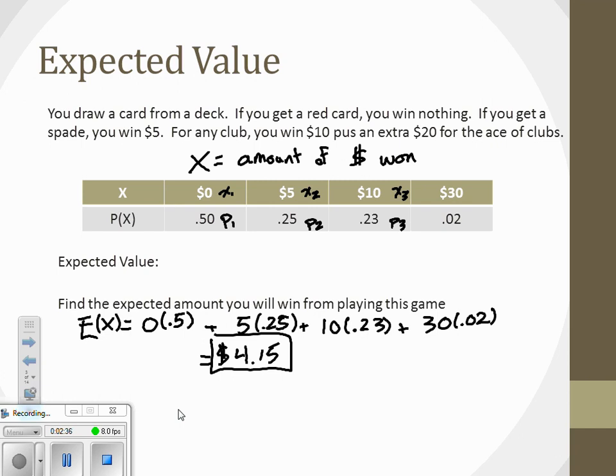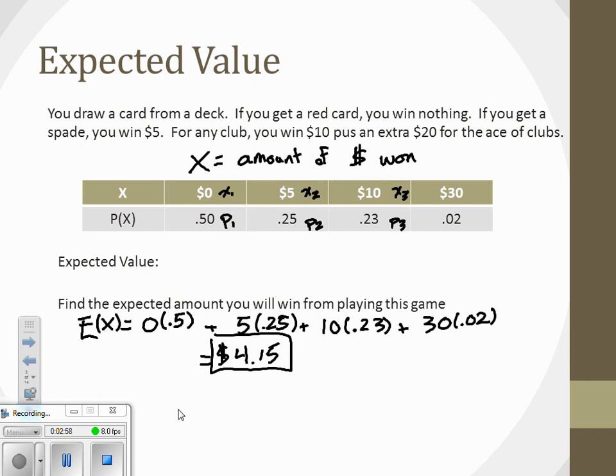So let's say we had a bunch of people come into our obviously very simple card game, and as they walk away from the table, we jot down how much they won. About half the people are going to win nothing, so as they walk away, $0. Some are going to win 5. So 10 people come along, and there's some zeros, some 5s, a few 10s, and maybe a 30.